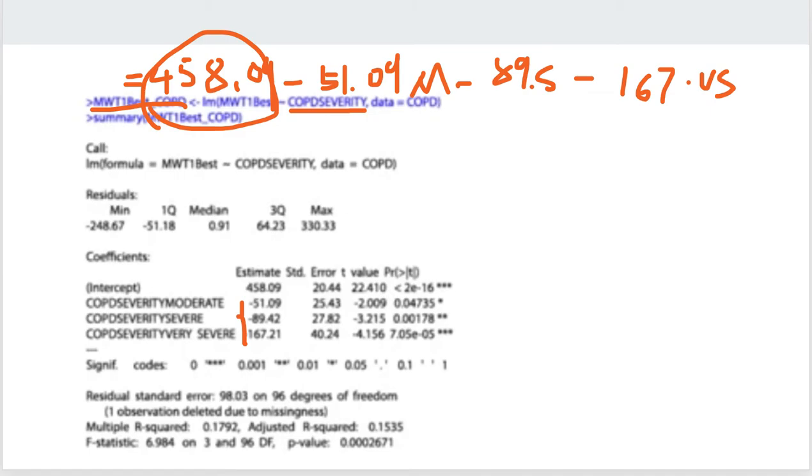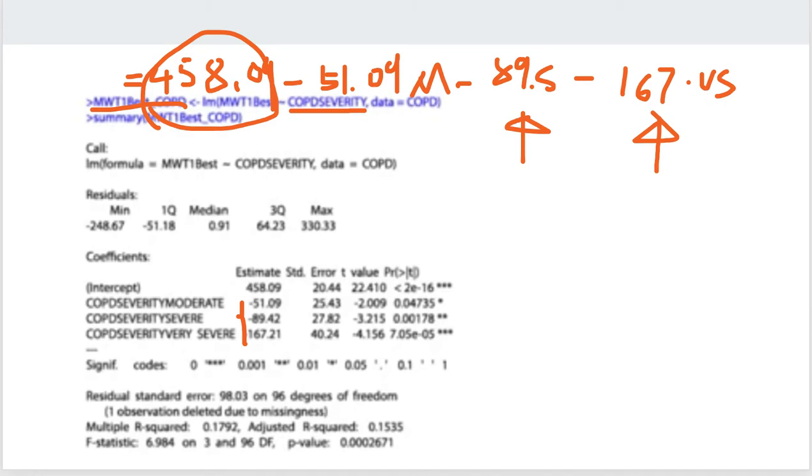And when the severity equals severe, it is going to decrease by 89 something. And when it is very severe, it is going to be decreased by 167. So when we use mild as the 0, we can see that for people who have the more severe disease, the walking distance is going to decrease.